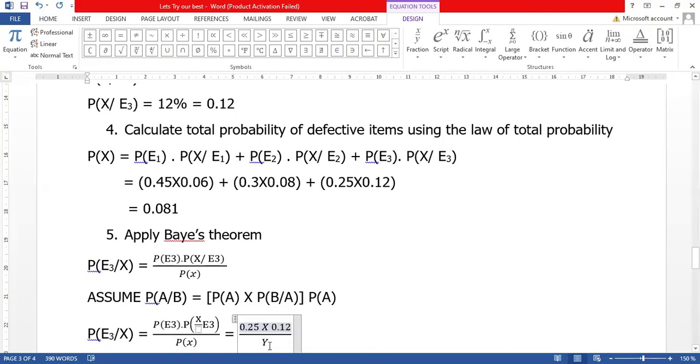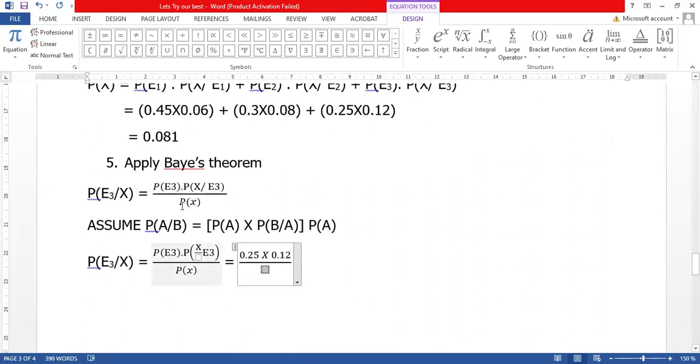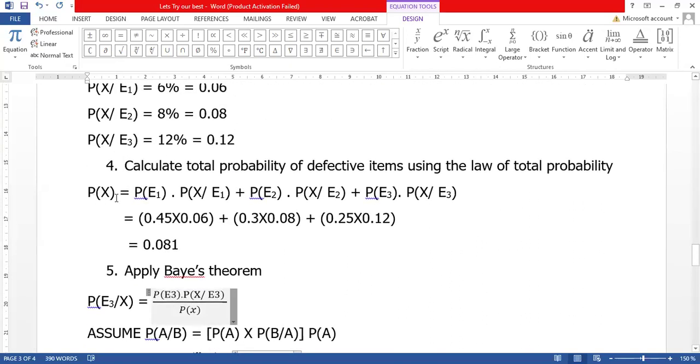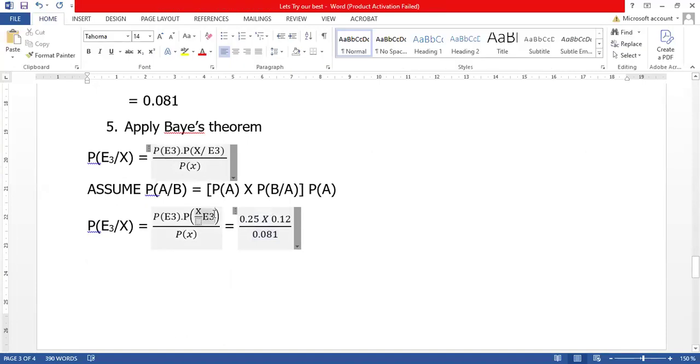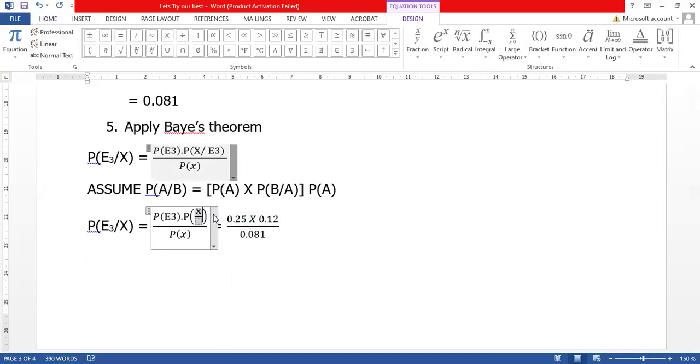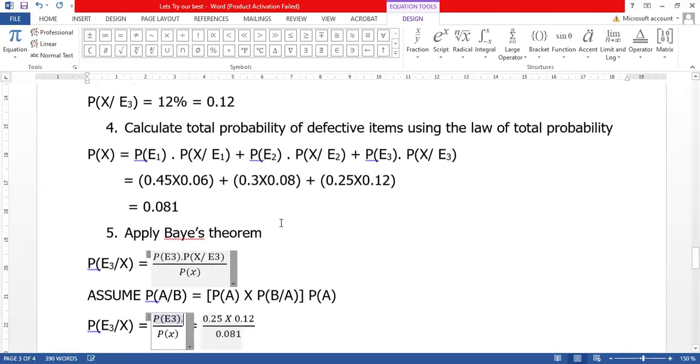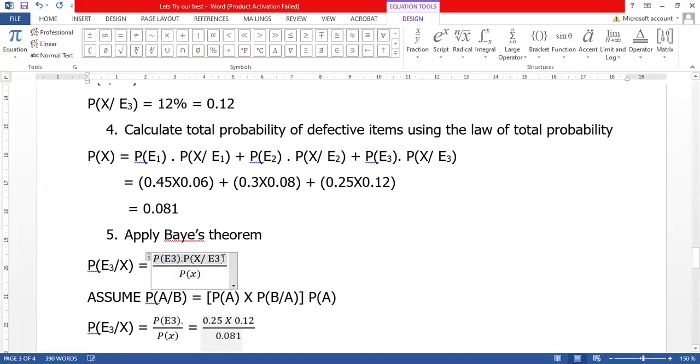Then over probability of X. Already we have the probability of X, which is 0.081. So finally, what do you get? 0.3703.